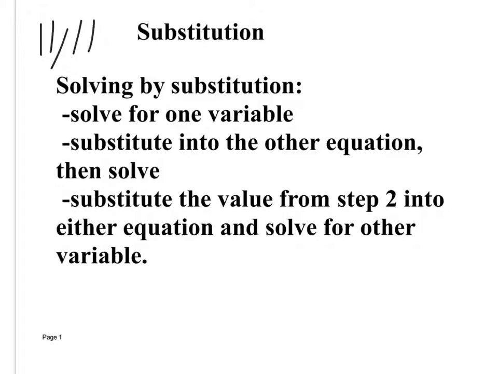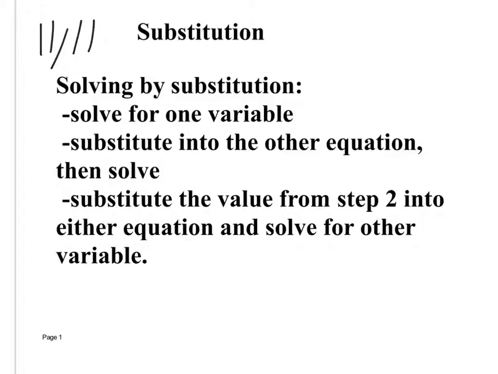And here are the steps to solve by substitution. The first step is you solve for one variable. You get one variable by itself. Sometimes that'll be done for you today, but then sometimes it won't be. Then you substitute that variable into the other equation and then solve.